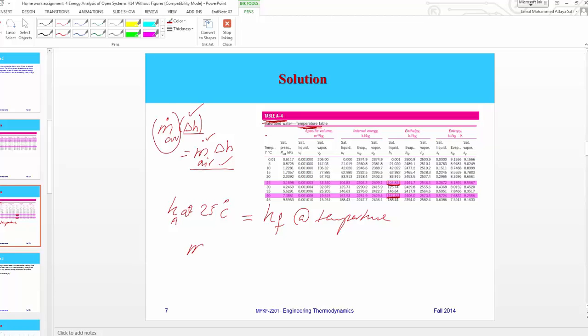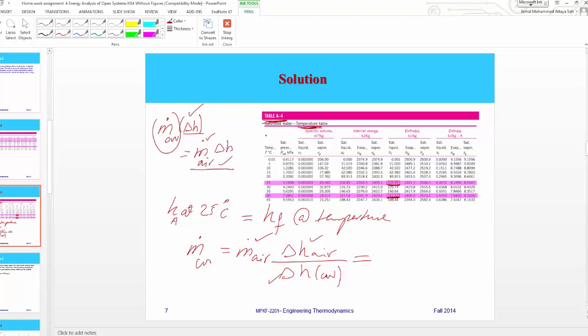And so the mass flow rate for the cold water will be the mass flow rate of the air multiplied by delta H of the air divided by dH of the cooling water. You have this, you have this, you have this, and then you can calculate it.